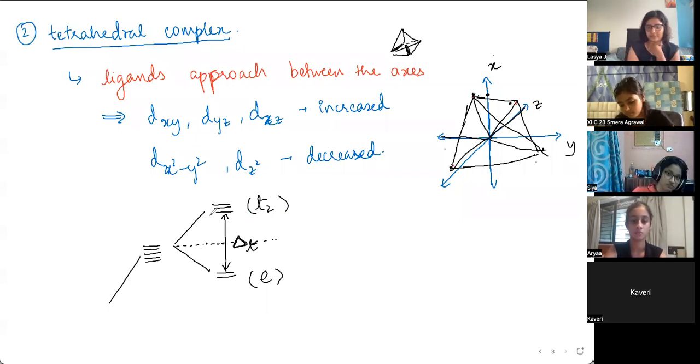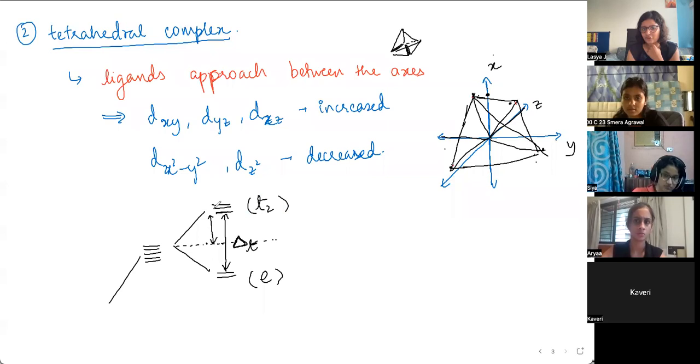So again, keeping with the symmetry, the T2 orbitals increased by how much? 2 by 5 of delta T. It was 3 by 5 delta naught, 2 by 5 delta naught before, but it's delta T now because it is a tetrahedral complex. 2 by 5 here and 3 by 5 for the lower one. Yes.